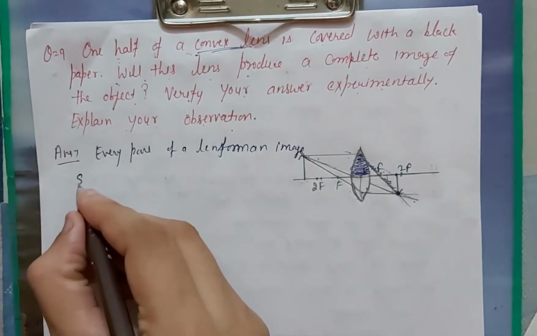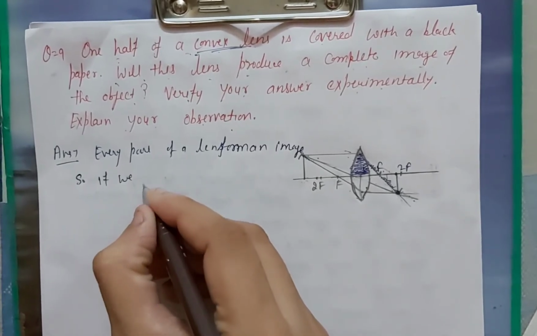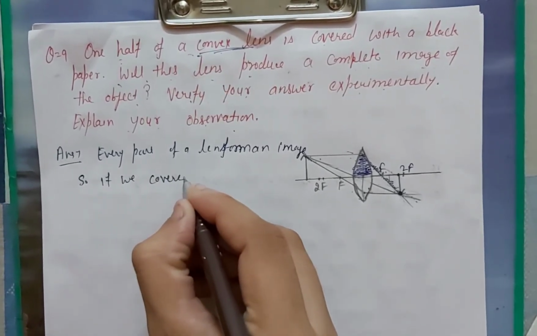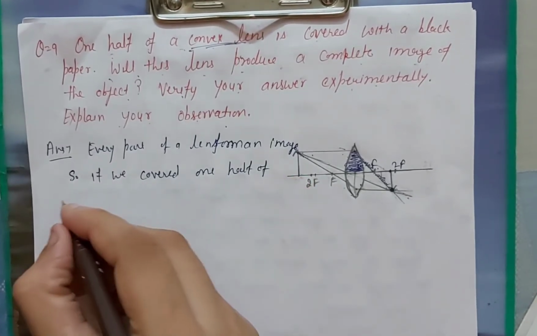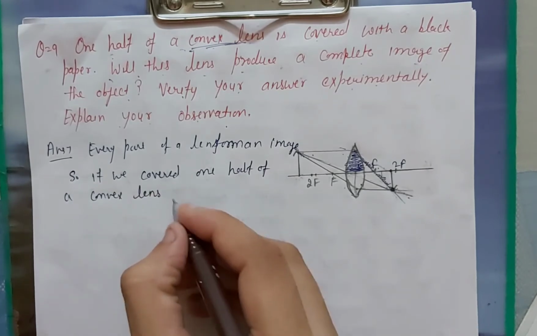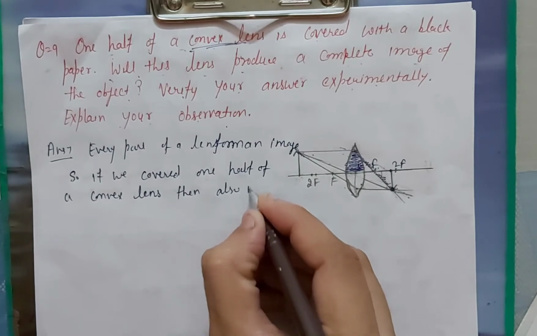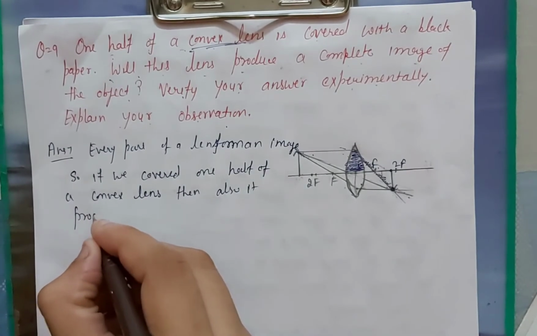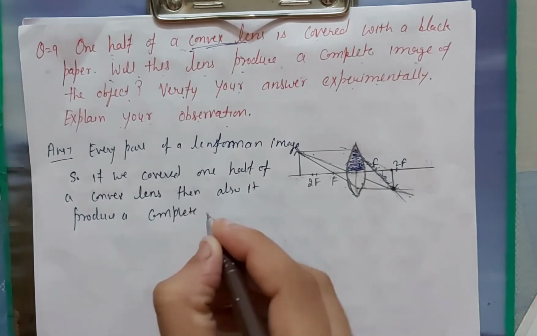If we cover one half of a convex lens, then also it produces a complete image.